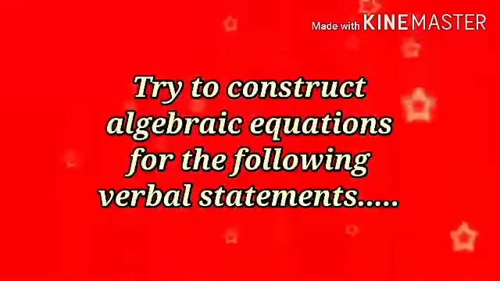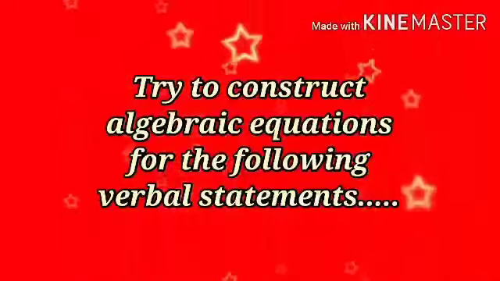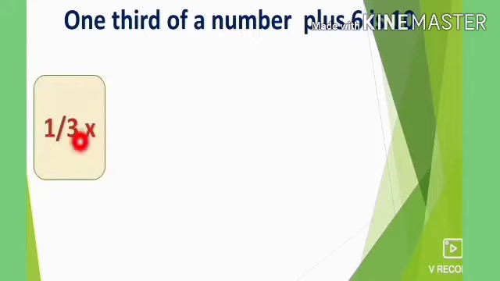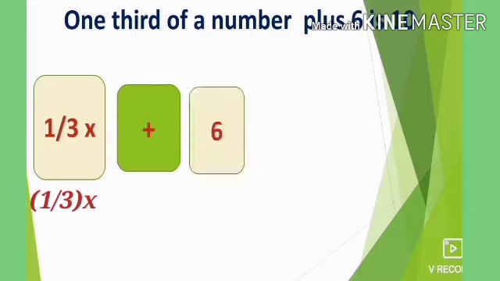Try to construct algebraic equations for the following verbal statements. 1/3 of a number plus 6 is 10, which is the given verbal statement. 1/3 means 1 by 3. 1/3 of a number means 1 by 3 x. The word of represents the multiplication sign between 1 by 3 and the variable x, plus 6.